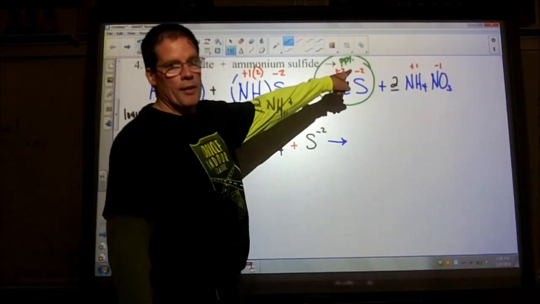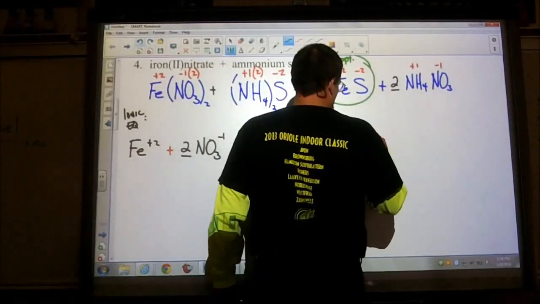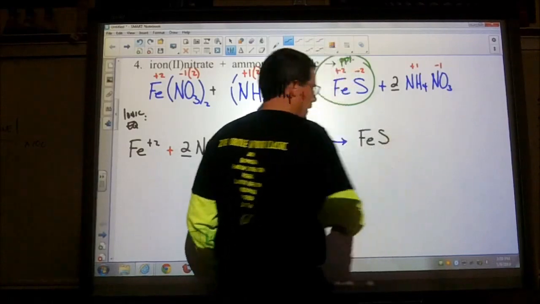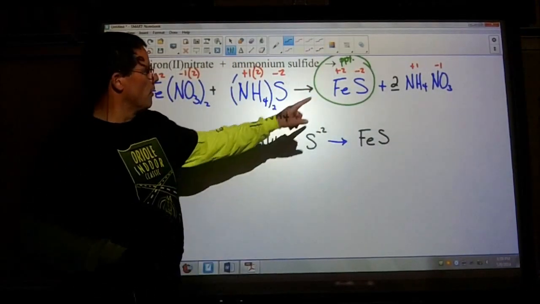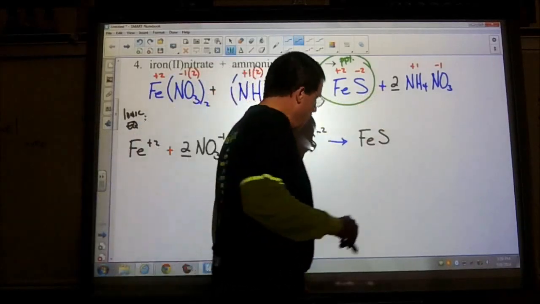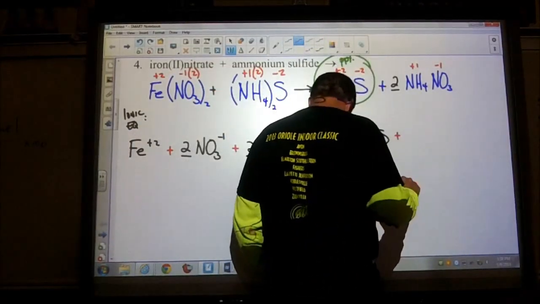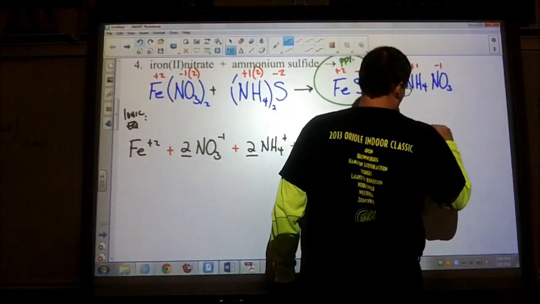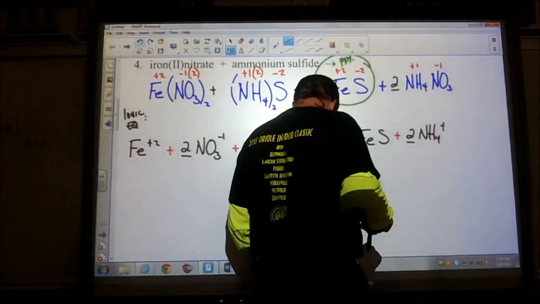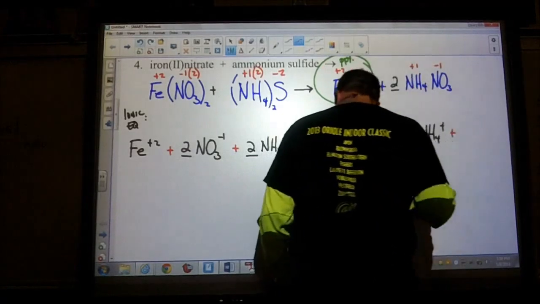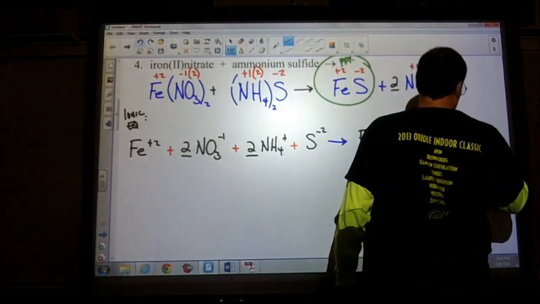Keep your PPT together. So iron sulfide, I'm not going to split that guy apart because it has come together and formed a solid. And then we have 2 ammoniums. So NH4 with a +1 charge. And we also have 2 nitrates.